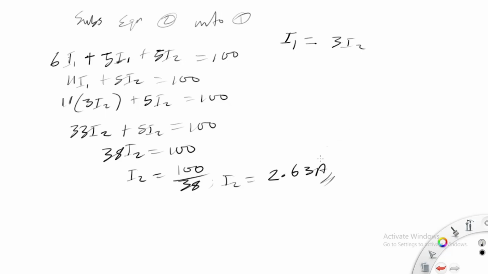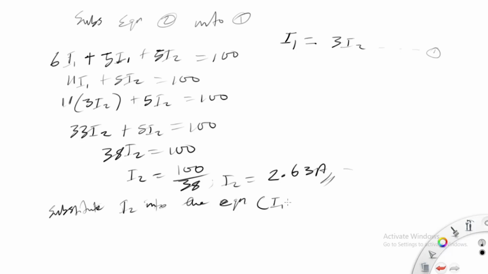As you can see, our answer is still the same as that which we solved using a clockwise direction. So having done that, remember this was our first answer. So now substitute I2 into the equation.